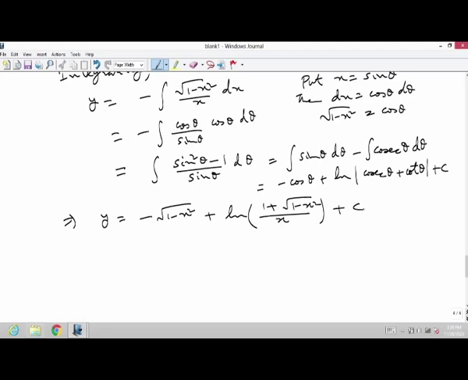We do not need to put the modulus sign because x is positive, and since y at 1 is equal to 0, this will imply c is equal to 0. So, therefore, y is equal to minus square root of 1 minus x square plus log of (1 plus square root of 1 minus x square) by x.